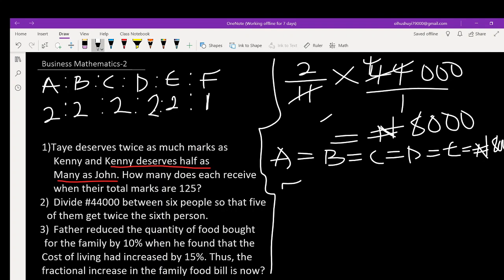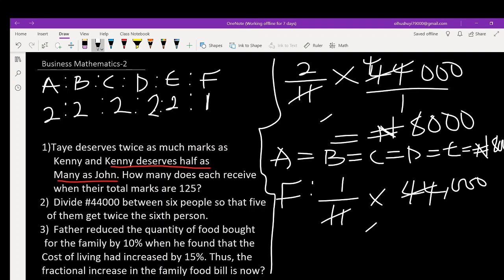Then for the F person, F will be 1 upon 11 times 44,000. 11 here, 1, 11 into 44 is 4. 1 times 4,000, so the 6th person will get 4,000 naira.